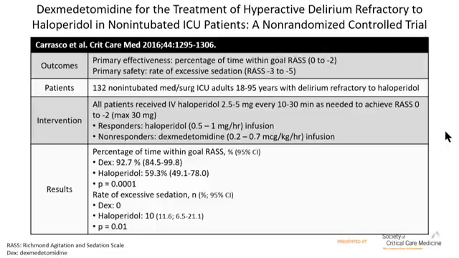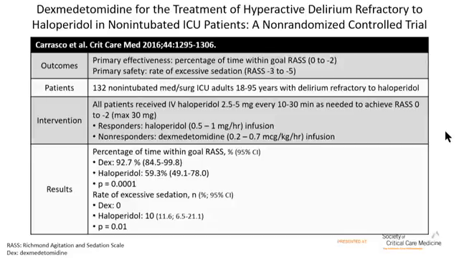Somewhat of an interesting methodology to grasp as far as the time points in the study, but patients were all initially receiving haloperidol, followed by a continuous infusion of haloperidol. And at that point, they were assessed as either responders or non-responders. And the non-responders then went on to receive dexmedetomidine. Only once patients had the delirium controlled in each arm were they then analyzed for the primary outcomes.